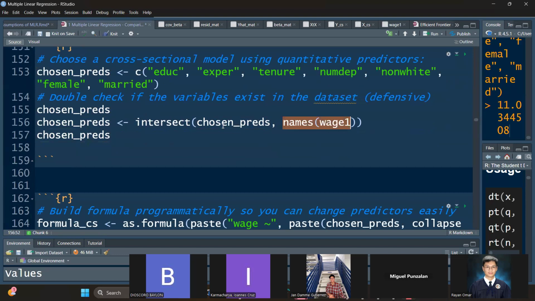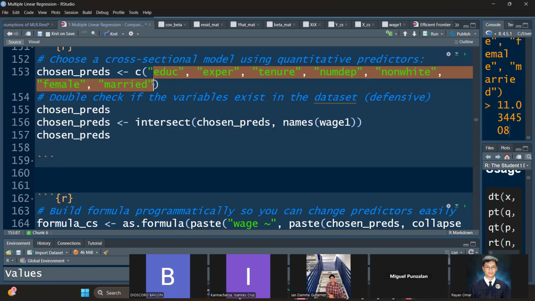So what will this do? It will overwrite chosen predictors, and then it will get what's common, the intersect, between chosen predictors, which is this one, and wage 1, which is our object here.